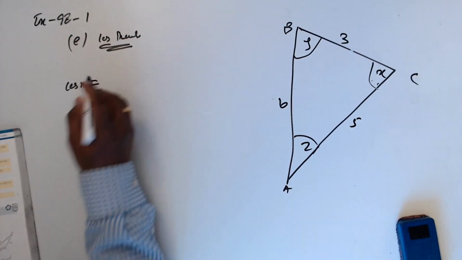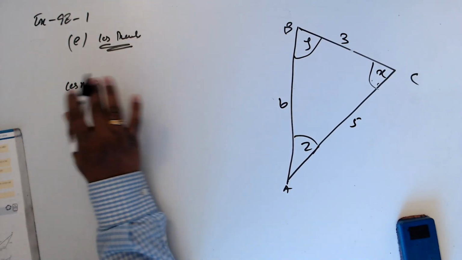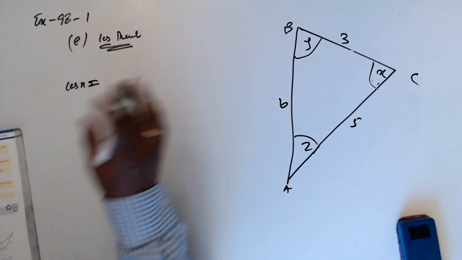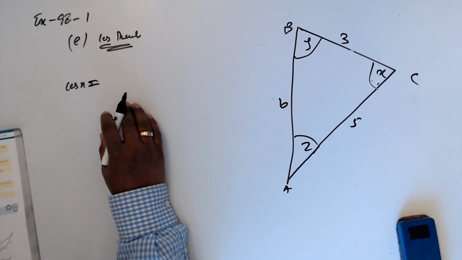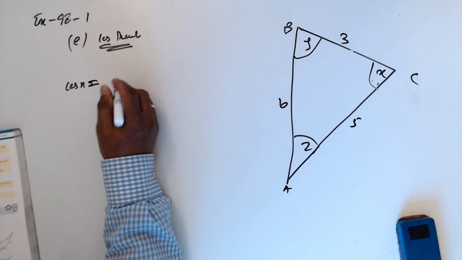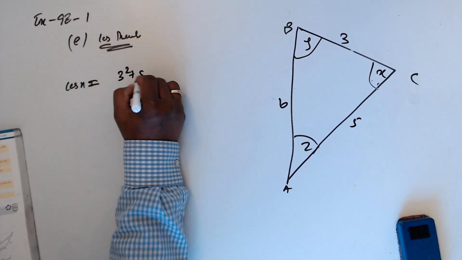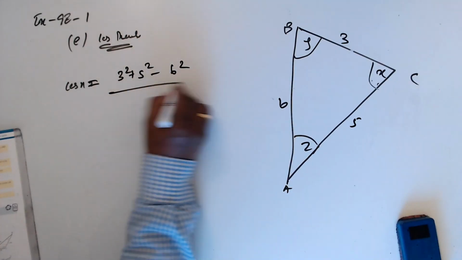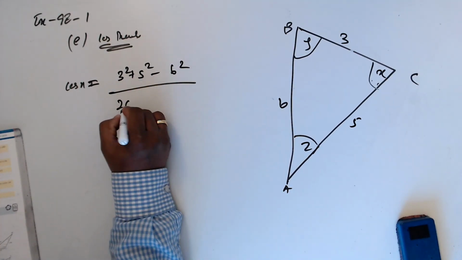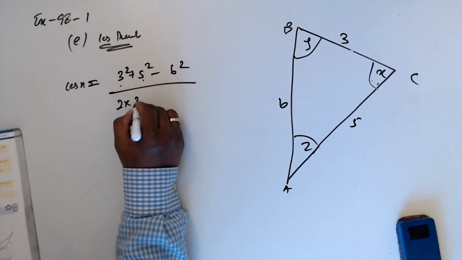So you need not keep that formula. I'm always saying don't compare with the standard formula, what is A, what is B, like that. This is how you want to keep it in your brain. So this is 3 squared plus 5 squared minus 6 squared, divided by 2 times 3 times 5.